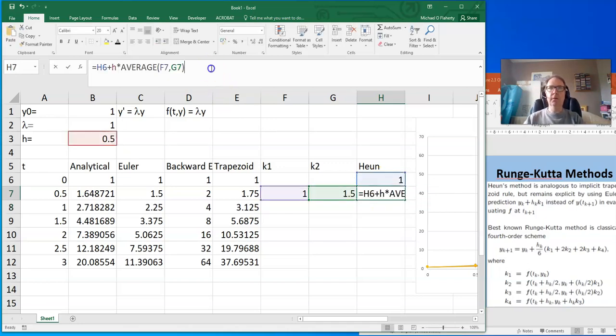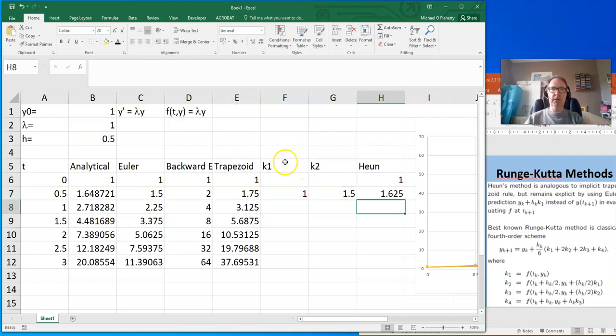We have y plus h times the average of K1 and K2. So that gives us 1.625. Compare that to 1.65. So that gives us much better accuracy than any of these methods here.